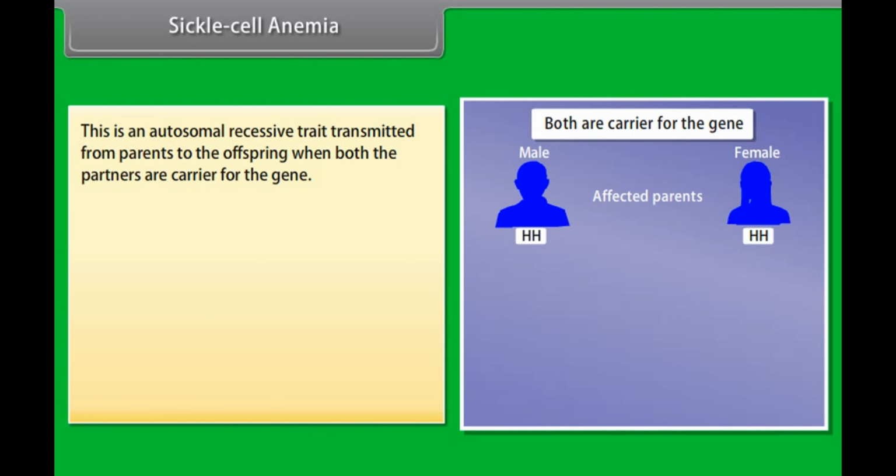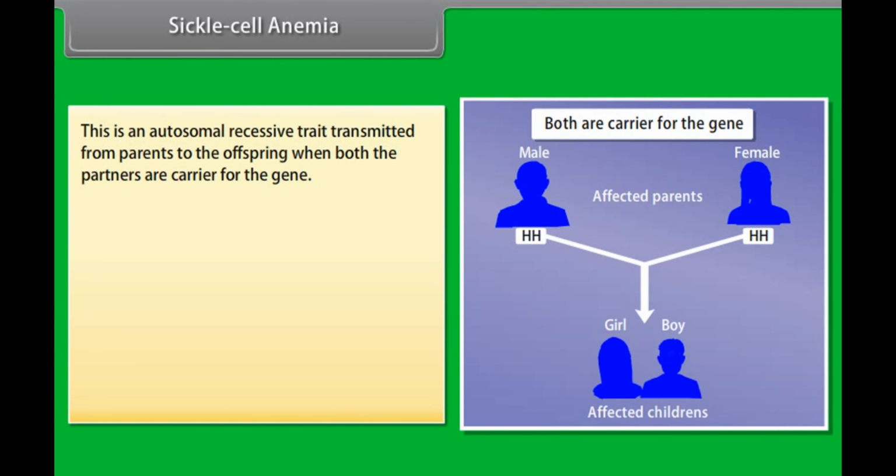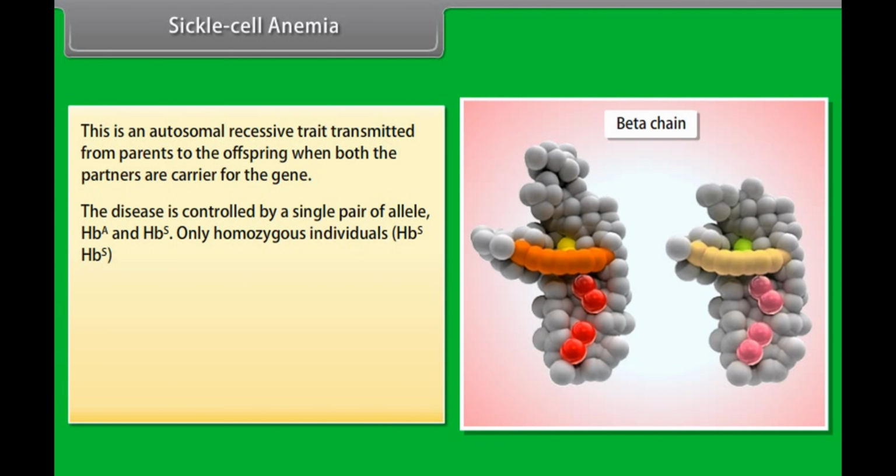Sickle cell anemia. This is an autosomal recessive trait transmitted from parents to the offspring when both the partners are carriers for the gene. The disease is controlled by a single pair of alleles, HBA and HBS; only homozygous individuals, HBS HBS, are affected.